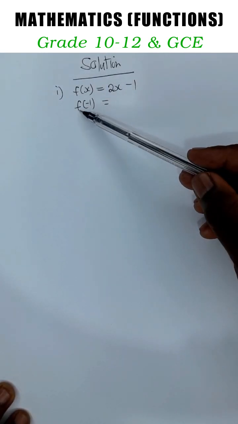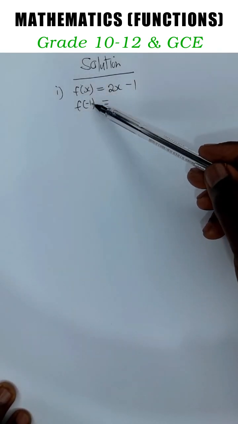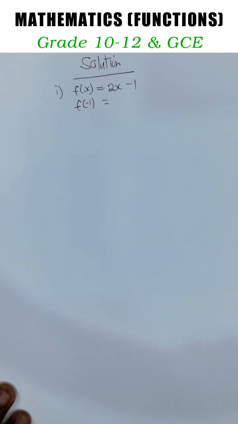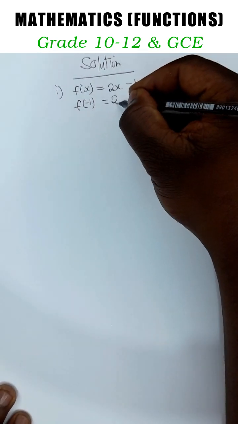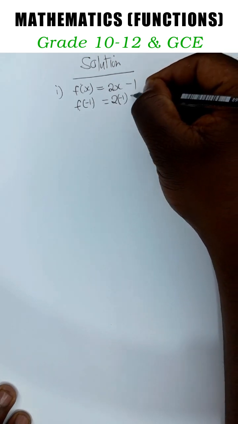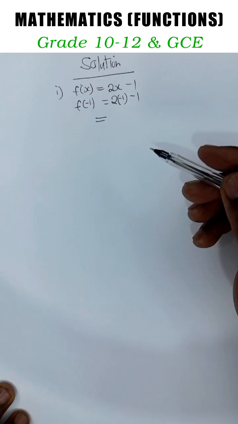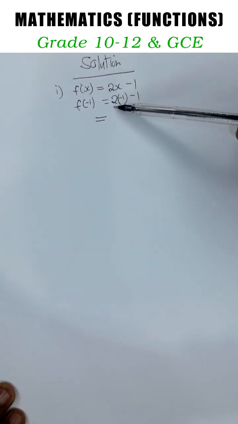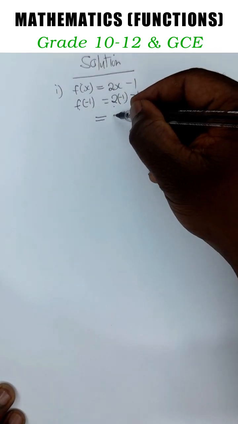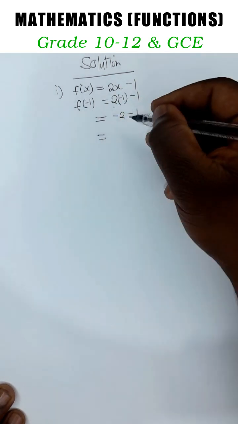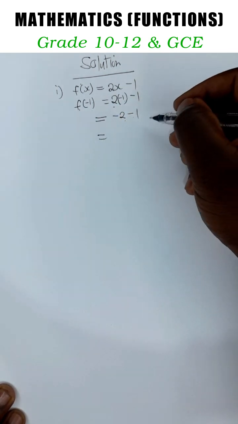So as you can see, this is f, that is f. This is a bracket. So where there is x, we substitute negative 1. So here we write 2, we substitute negative 1, minus 1. Pay much attention to the signs and write in a vertical way so that it looks neat. So 2 times negative 1, the answer is negative 2, minus 1. Then negative 2 minus 1.